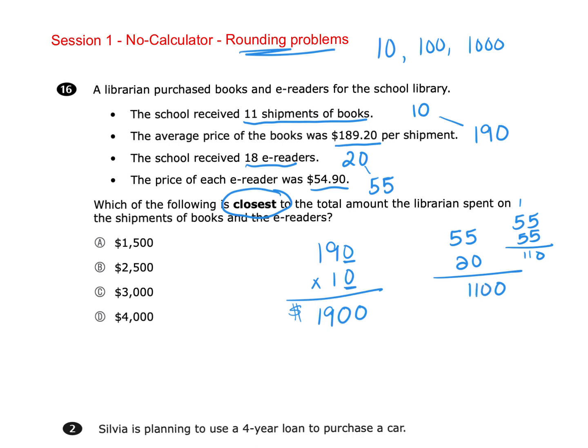So now I have $1,900, and if I add that to the $1,100 that the e-readers cost, 9 plus 1 is 10, carry the 1, I get approximately $3,000.